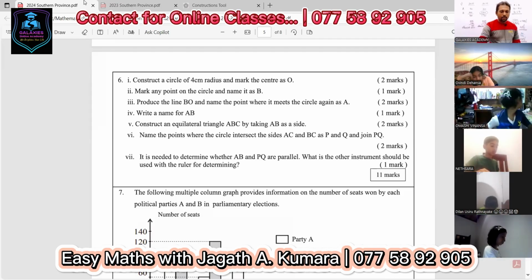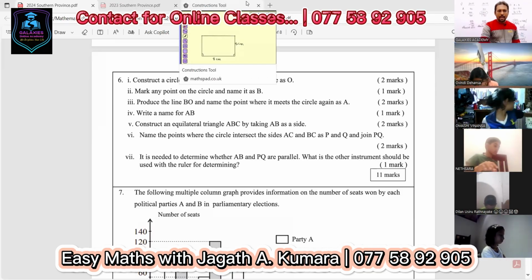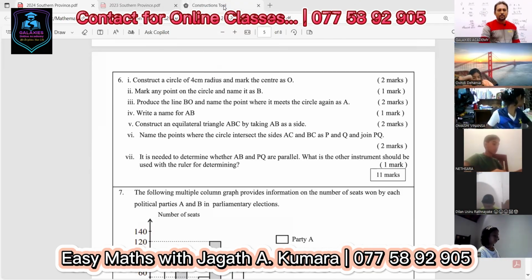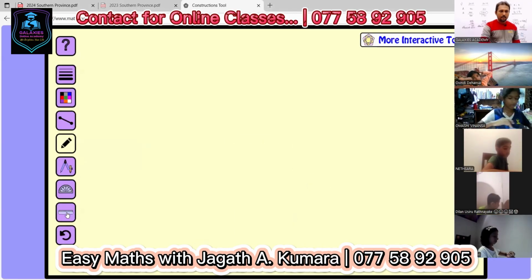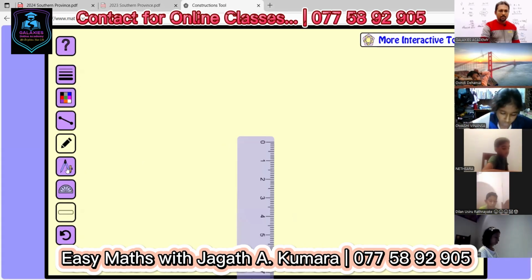Right. Now you have to take your pair of compass and ruler. You have to construct a circle with radius 4 centimeters, right? So first you have to take your ruler.